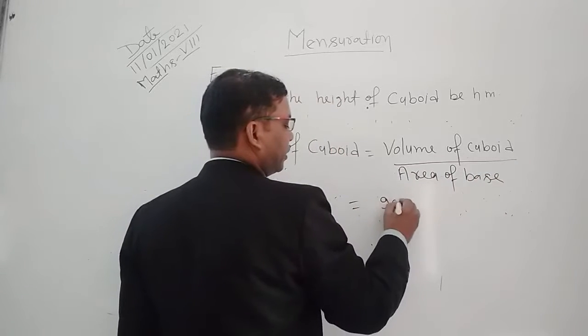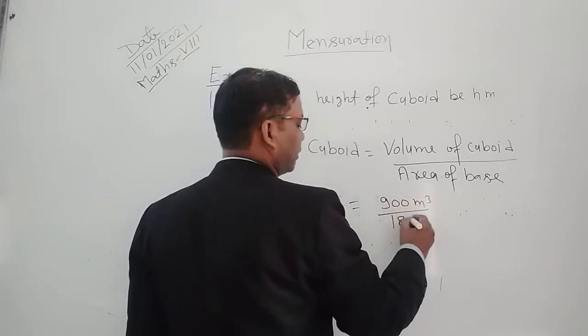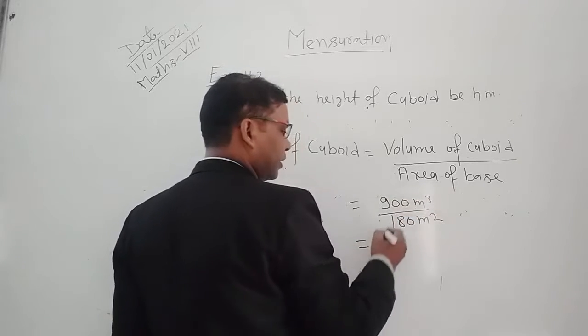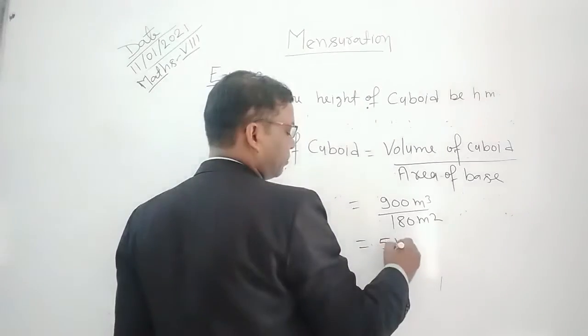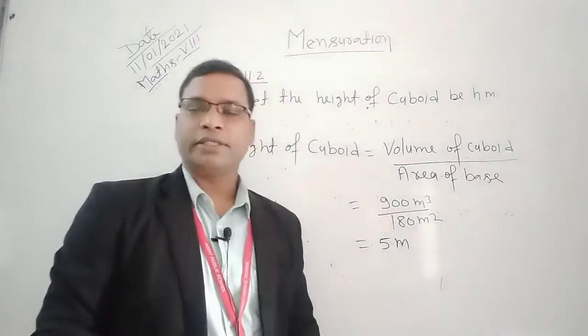This is 900 meter cube and this is 180 meter square, and let's say you get the height of the cuboid, you get 5 meter. This is clear.